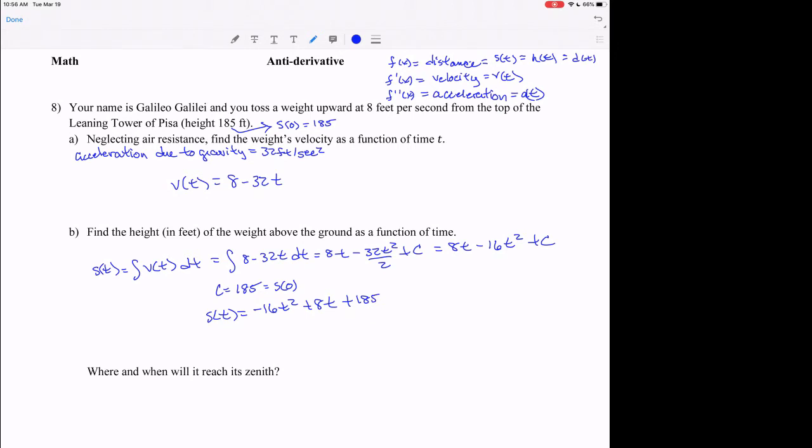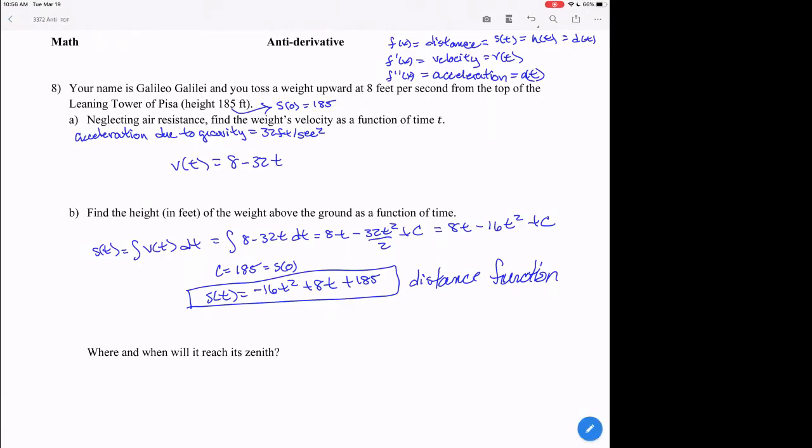All right? So that is the distance. This is the distance that the weight travels. This is the distance function.